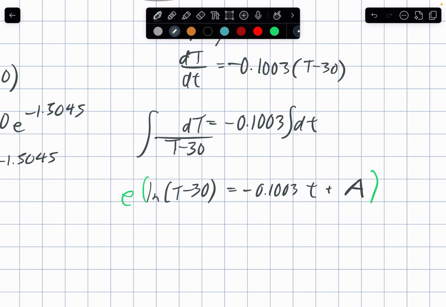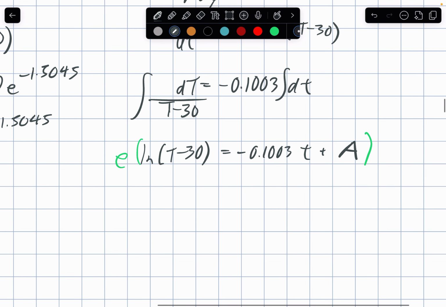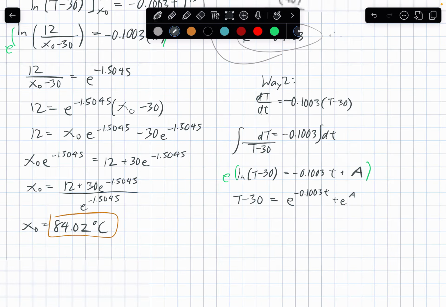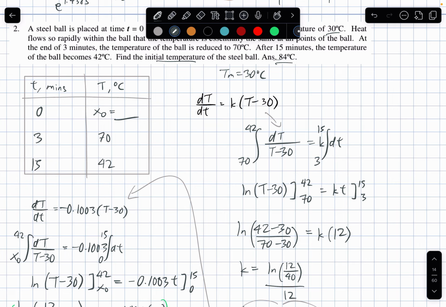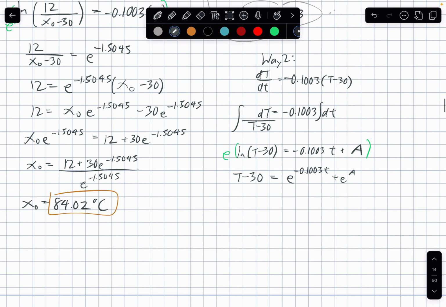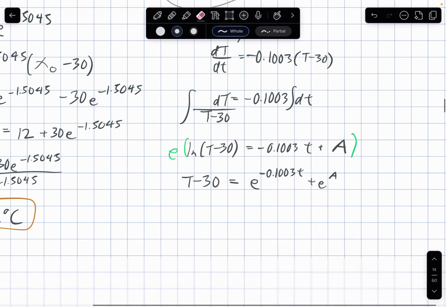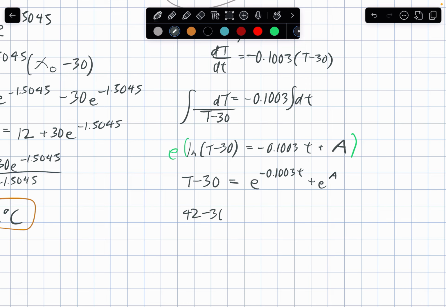Okay, we want to express this in terms of T. Wait. Sorry. Yeah, let's just keep going. T equals 30 plus e raised to a. Let's use one of the two pairs. I want to try 15 and 42. 42 is the T. 15 is the small t.